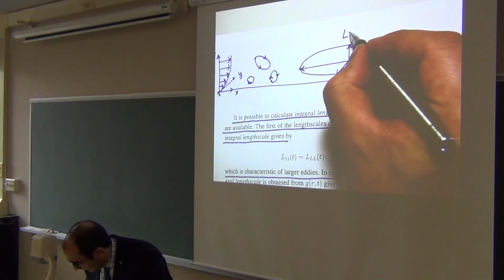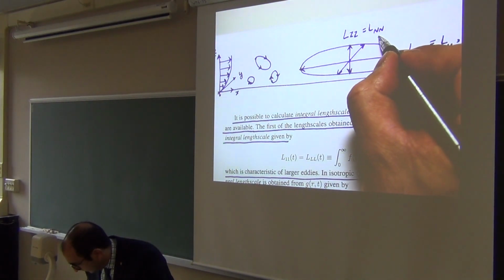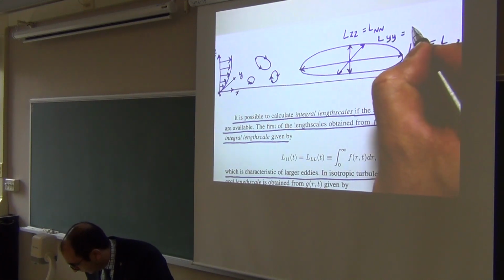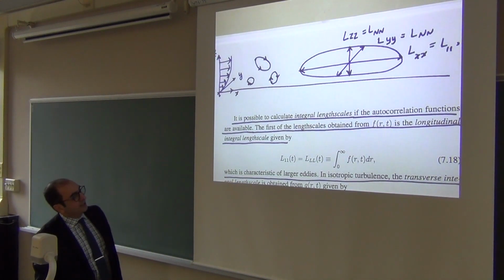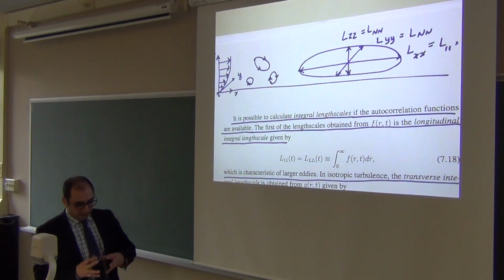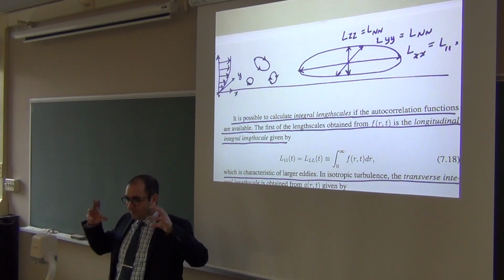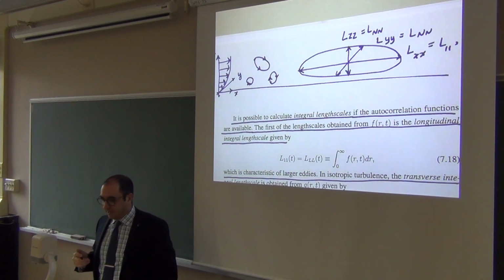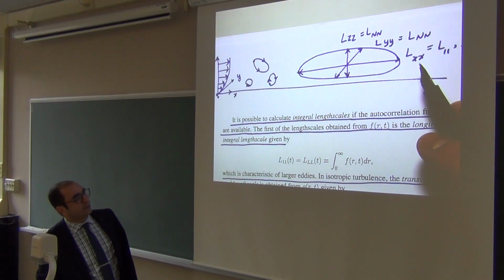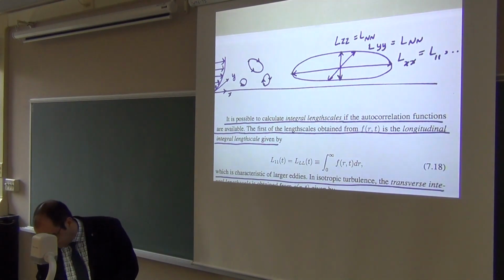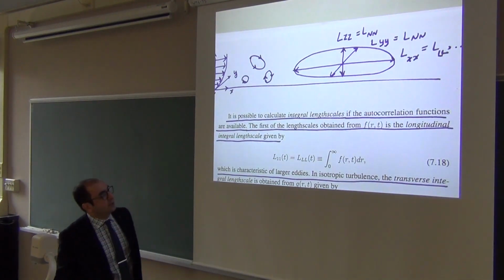One would be LZZ, which is a component of LNN, and there would be another one, LYY, which is also another component of transverse. So statistically speaking, you get an oval shape, like elongated eggs. You think of eddies as elongated, because we told you L11 should be larger than L22 or L33. Okay, so statistically speaking, that's the shape of your eddies.